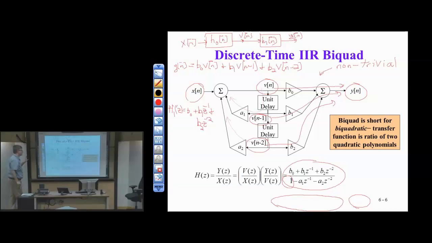I have a cascade of two LTI systems, so assuming that they're LTI and that I have exact precision, the resulting transfer function from x to y is simply the product of the transfer function for H0 times the transfer function of H1. And so that's shown here algebraically in the bottom half of the slide.